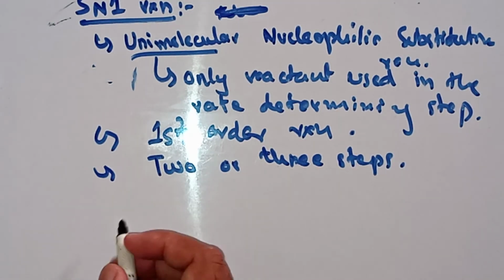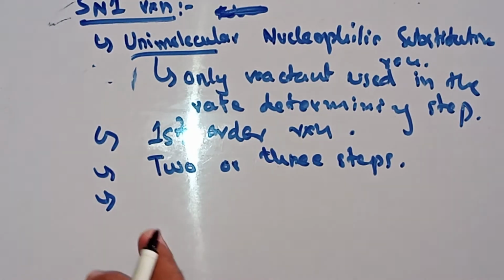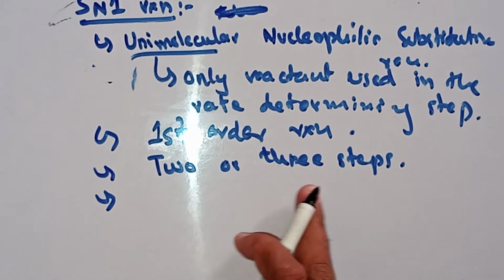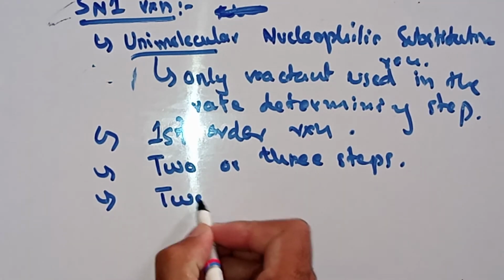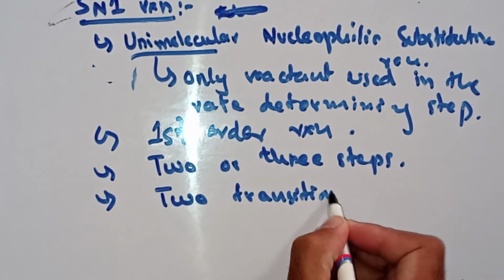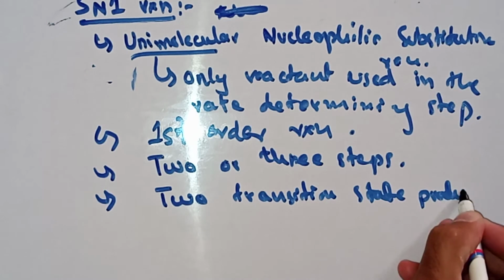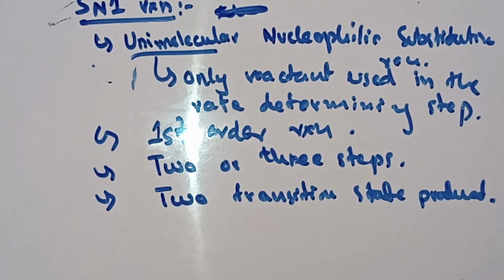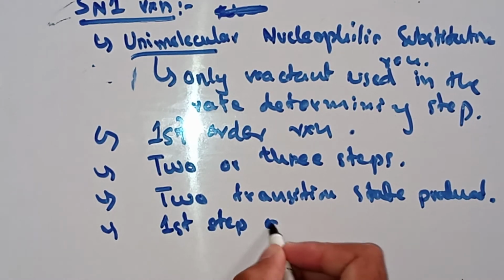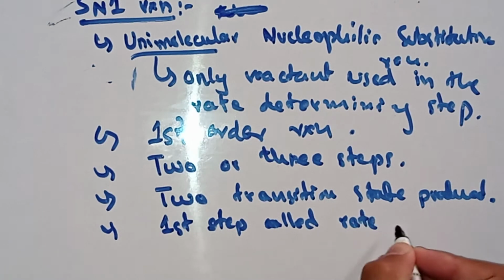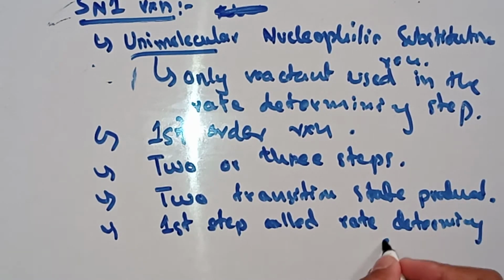I will explain it later, after explaining the characteristics. Sn1 reactions are completed in two or three steps, while the Sn2 reaction is completed in a single step. Here two transition states are produced, while in the Sn2 reaction only one transition state is produced. The first step is called the rate limiting step, or rate determining step, because it is the slow step.